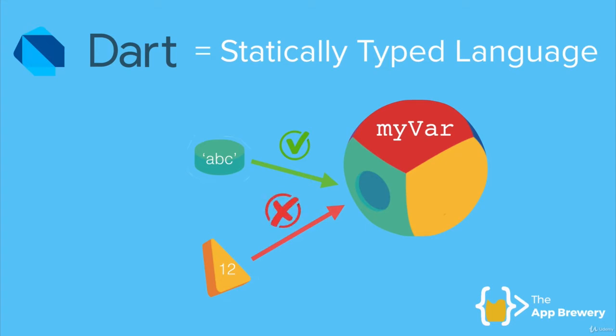And it's very similar when we have statically typed languages like Dart. Essentially, when I create a variable and I say that this variable can only hold pieces of text, then if I try to put a number into this variable, it won't accept it. It says I can't mix up my types.